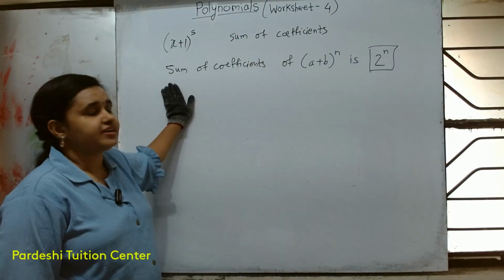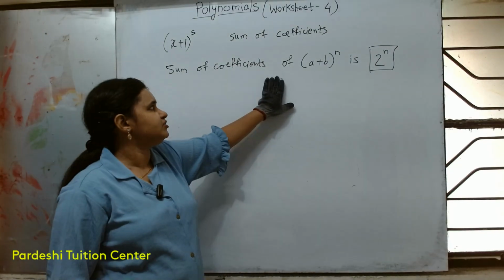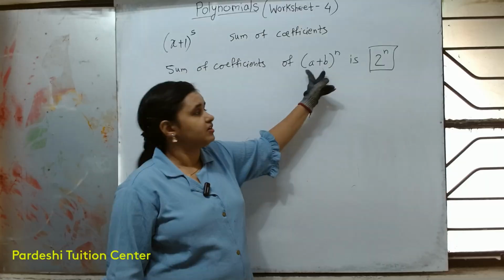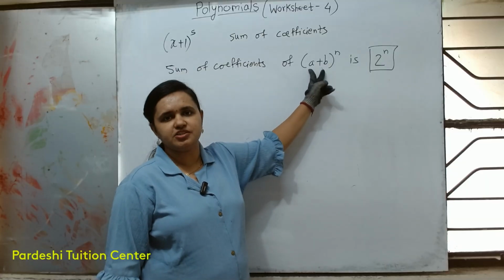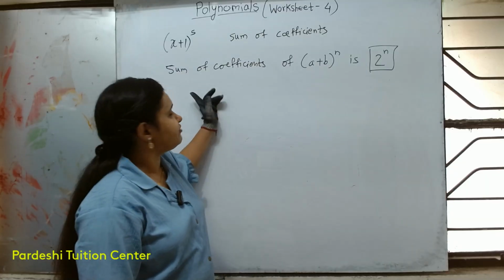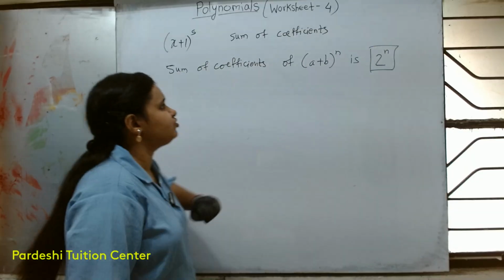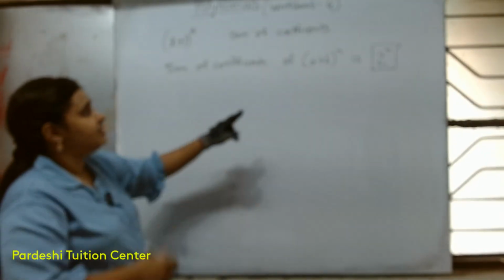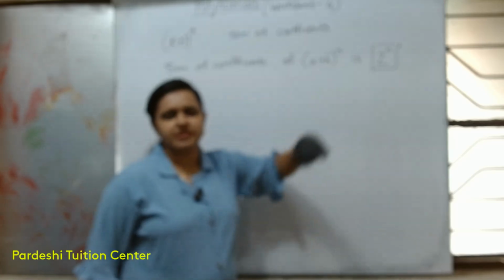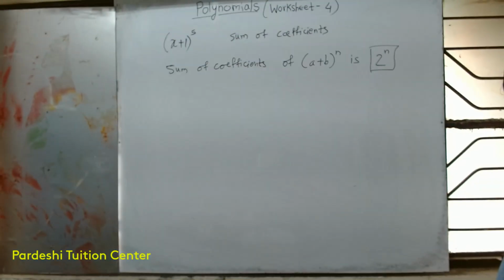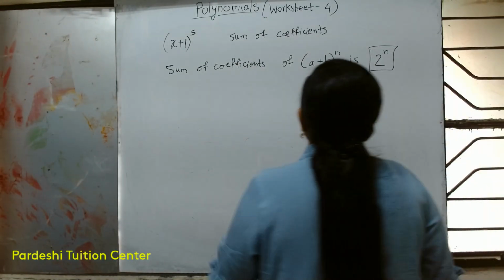If we want to calculate the sum of coefficients, if question is given in this form a plus b to the power n, then we can find the sum of coefficients by taking 2 to the power n, where a and b are variables. Okay. So a and b are variables.